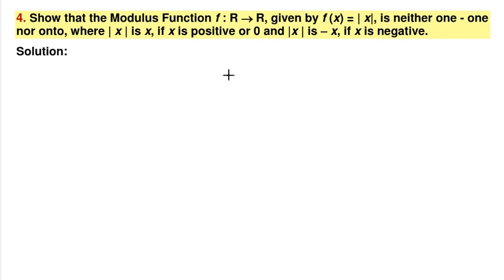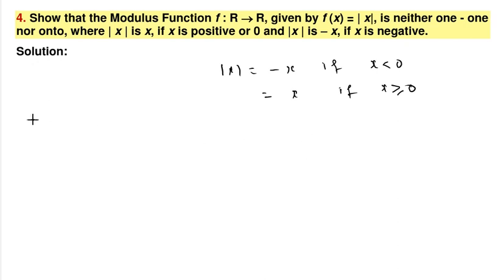It is a well-known fact. Actually, mod of x equal to minus x if x is less than 0, and plus x if x is greater than or equal to 0. For x equal to 0, mod of x equal to 0.